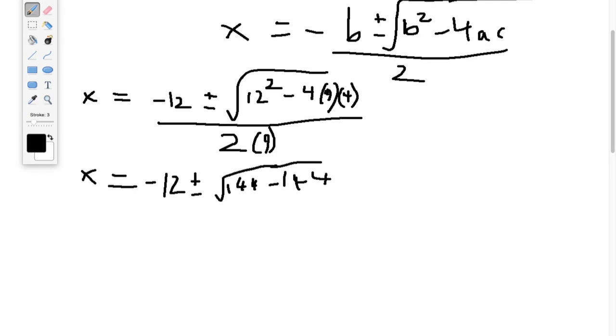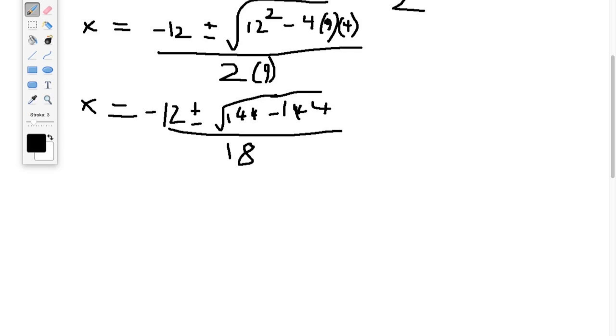So at this moment, you might have noticed that we have 144 minus 144, so that's going to equal 0. And we're going to do 2 times 9, which is 18. So you might be wondering, well, what is this going to change into? And this basically means that we're going to get one real number as our solution. This 144 minus 144 is 0, and the square root of 0 is 0.